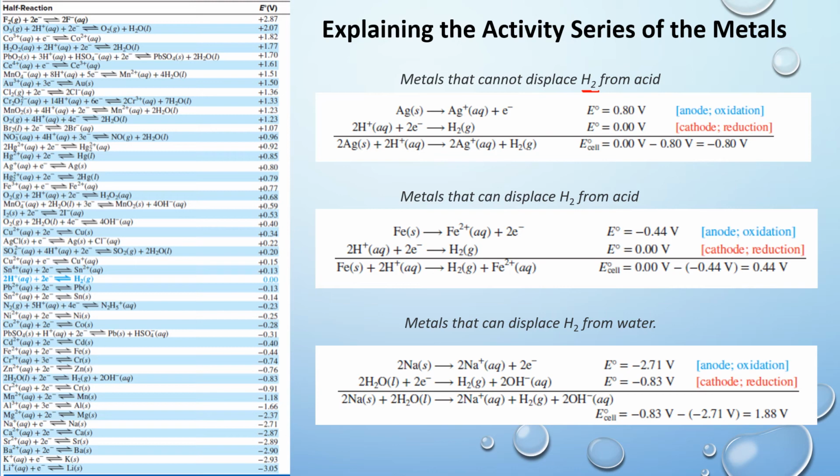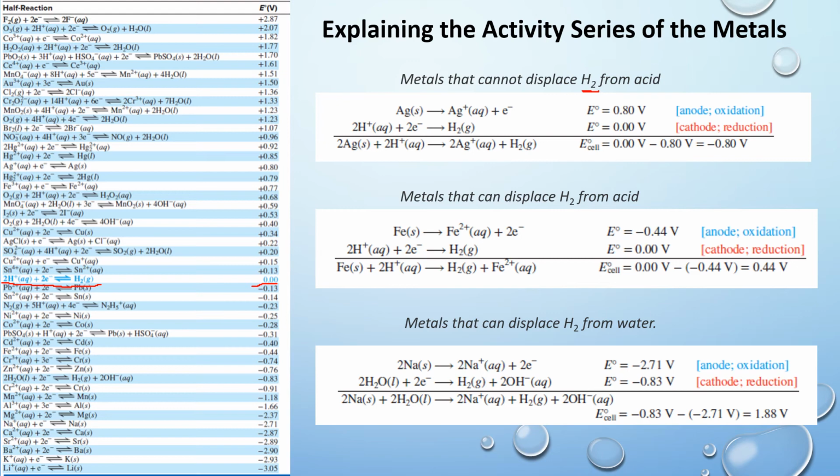The reason is that for those metals, if you look for those half reactions in this table, they are listed above our reference reaction, which is the SHE electrode, the proton becoming hydrogen gas.